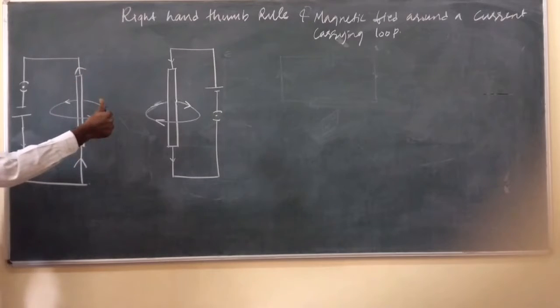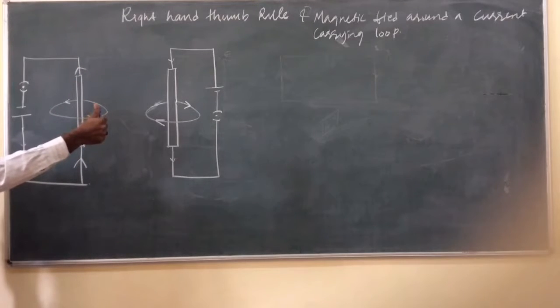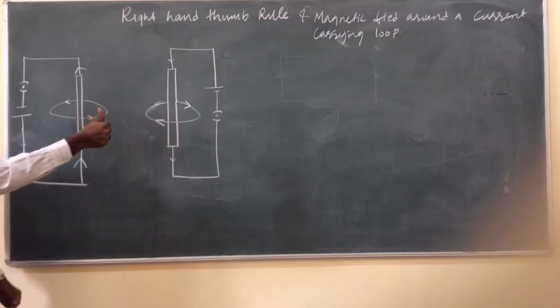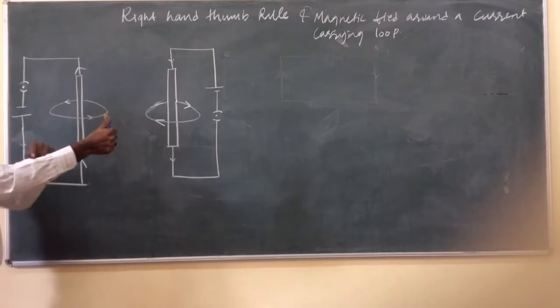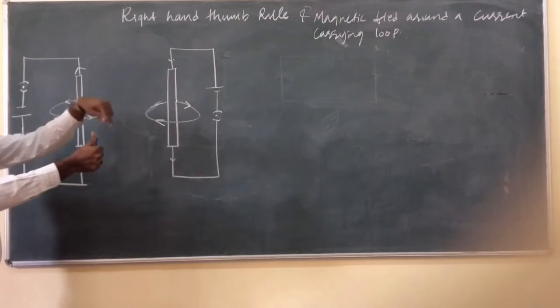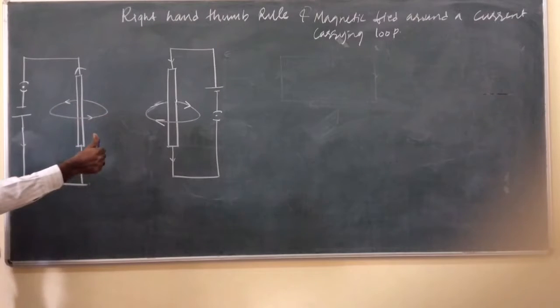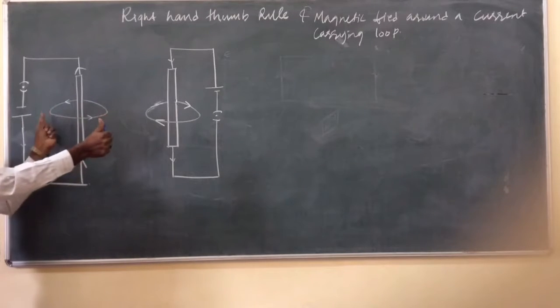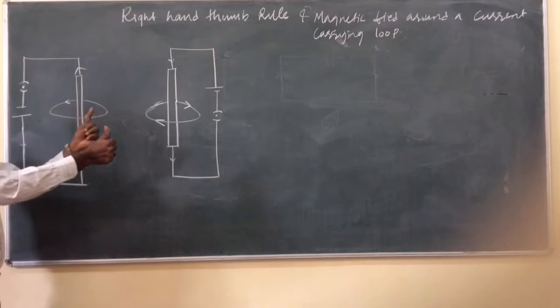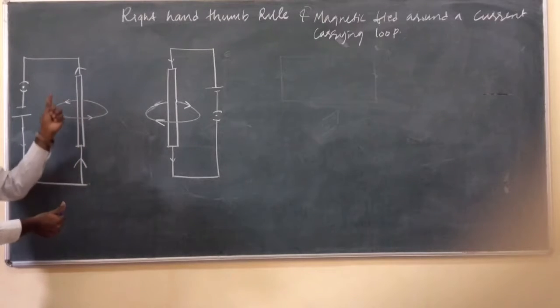So we have to imagine that the conductor is held in the right hand and the thumb points in the direction of the current. The curved fingers give us the direction of the magnetic field. So you can see the direction of the magnetic field is this when the current goes up.